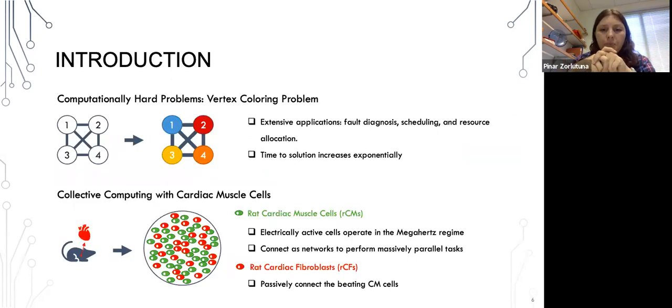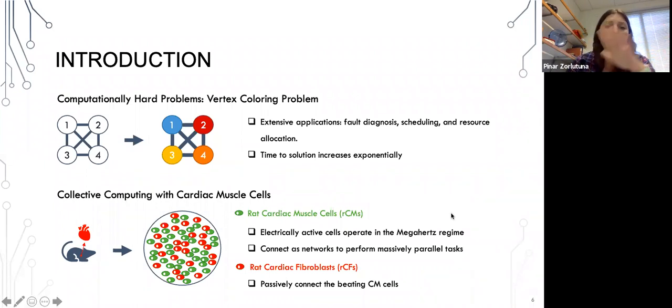So in our case, our elements are rat cardiac muscle cells and rat cardiac fibroblasts. So we have two elements. And as I briefly introduced in the diode idea, the muscle cells are electrically active and they can regenerate the action potential that keeps them beating. So they can beat forever as long as you give them some sugar.